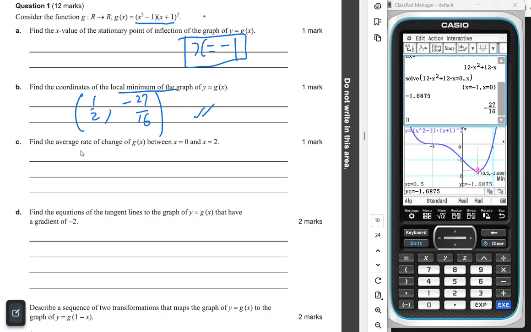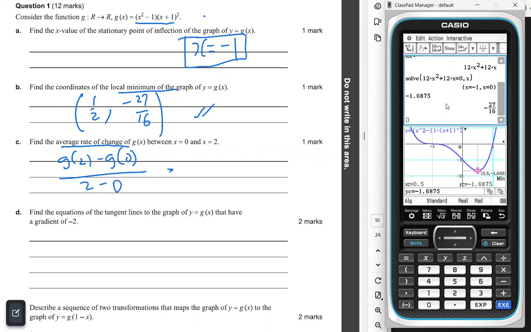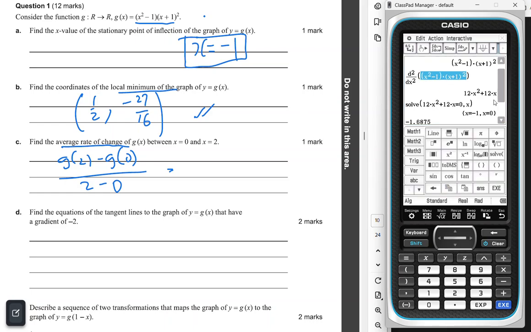The average rate of change, which will be g of 2 minus g of 0 over 2 minus 0, which will give me, come up here, if I copy that, and maybe I define it.